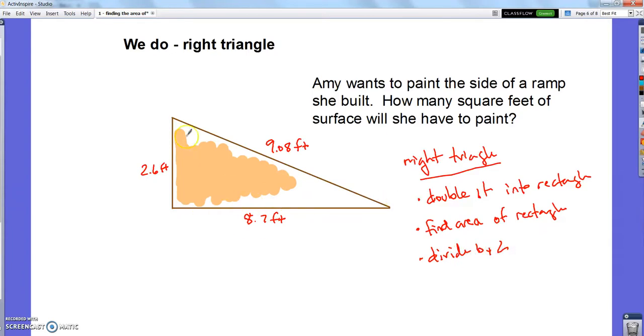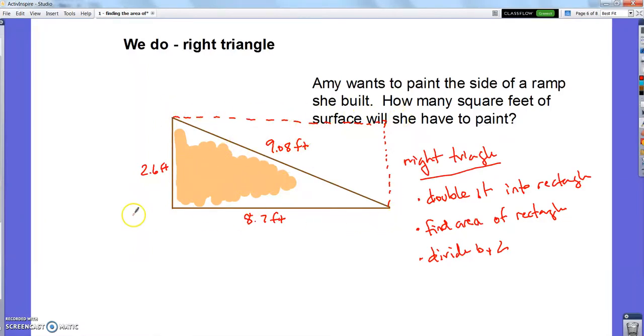So I'm going to take this right triangle and draw a clone of it like this. Now I have the exact same right triangle here and here.